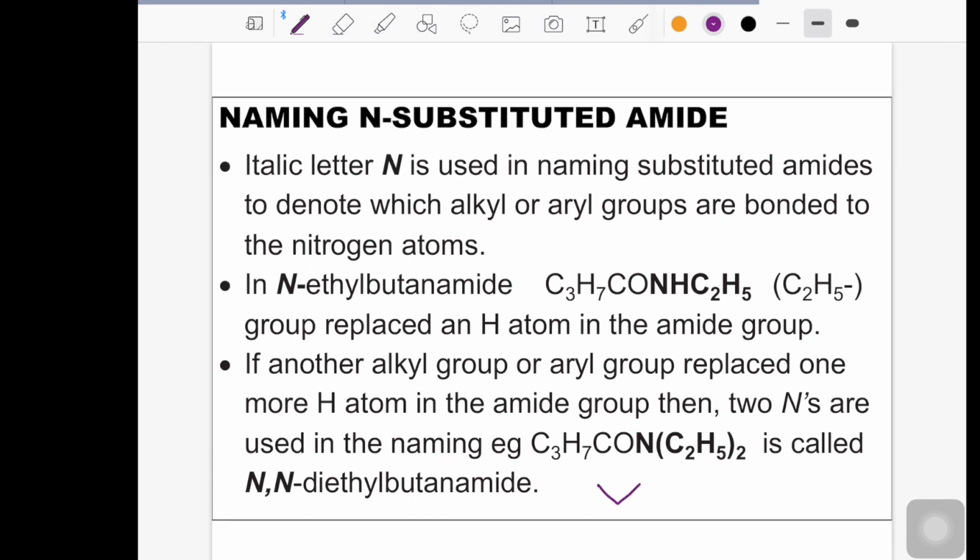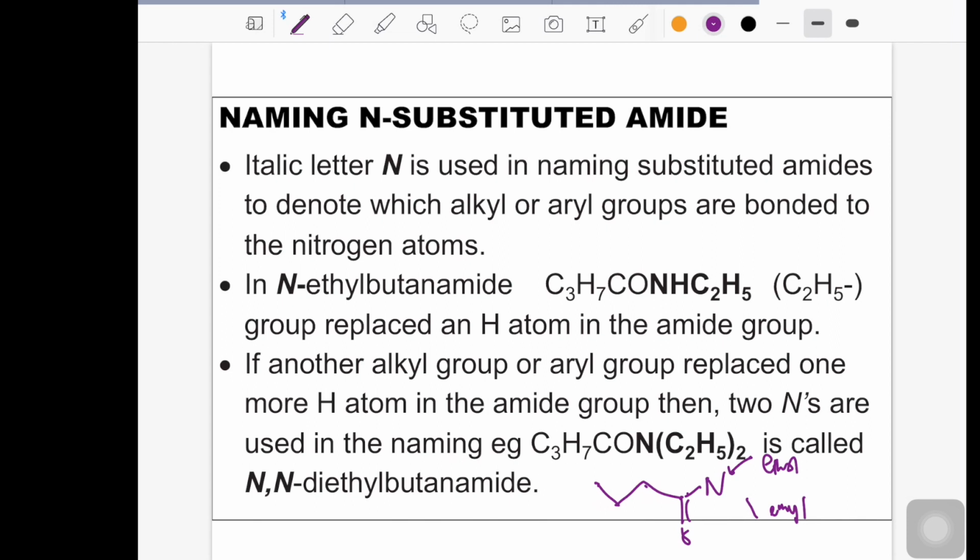Butanamide means there are 4 carbons, 1, 2, 3, 4. Then you have an N, and it says diethyl, so N,N means there are 2 substituents, ethyl and ethyl.